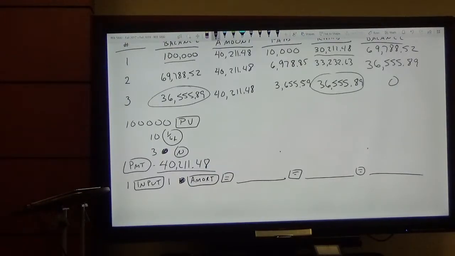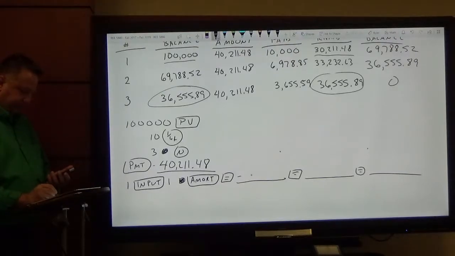Okay? All right. So 100,000 present value, 10% interest rate, 3-year term, solve for that payment, then one input, one shift, amortize, equal. All right?